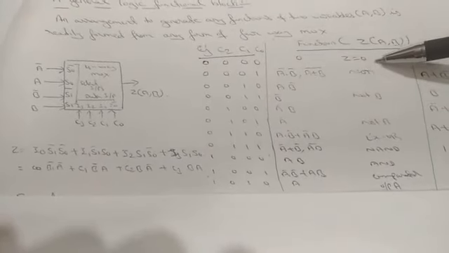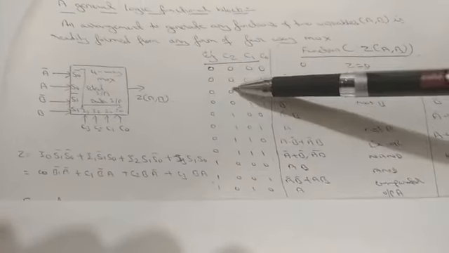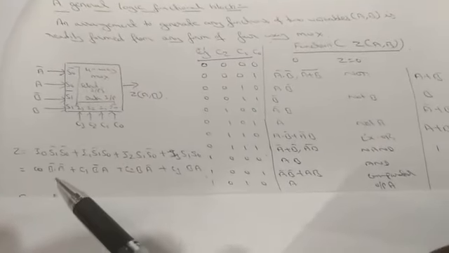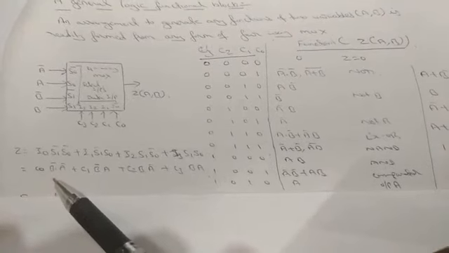When all the inputs C0, C1, C2, C3 are 0, obviously Z is 0. When the inputs are 0, 0, 0, 1, C0 is 1 and the remaining C1, C2, C3 are 0.